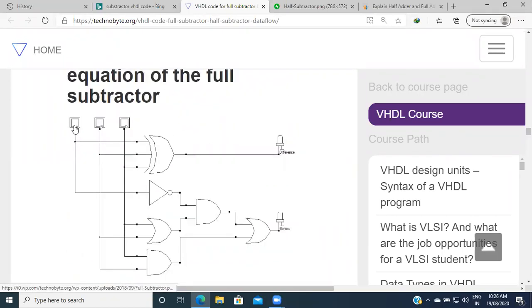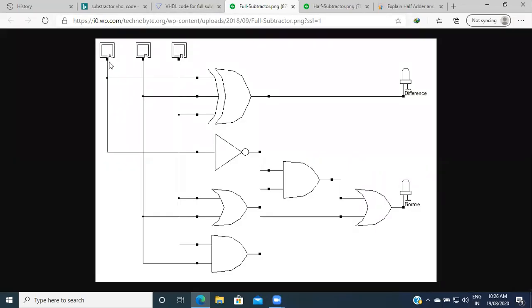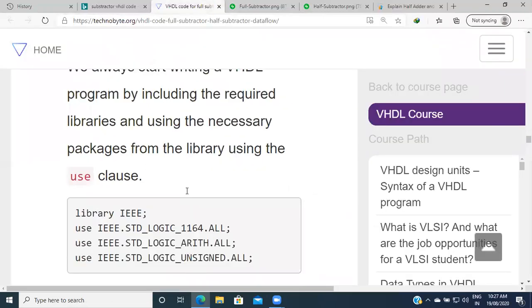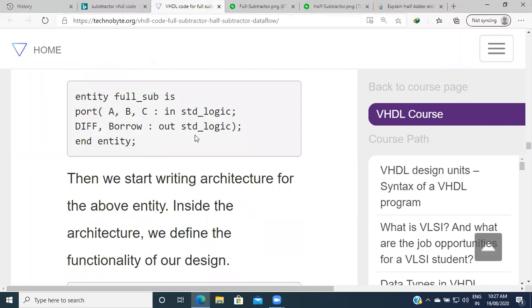So instead of that, if the inputs are A, B and C, the output difference is nothing but A XOR B XOR C. In the same way, for the borrow, not A multiplied by B plus C, instead of D if we write C, that product is added with the part B dot C. For this one, we are using A, B, C as STD logic.